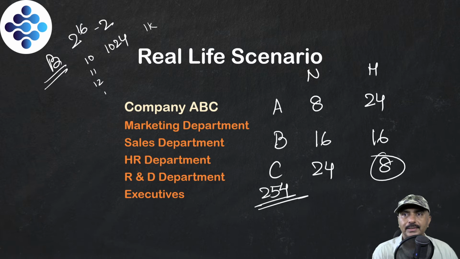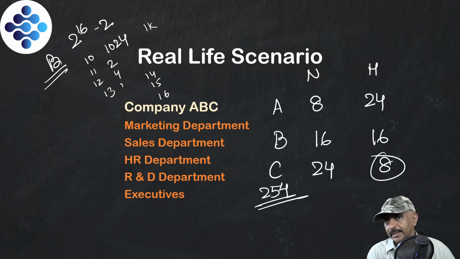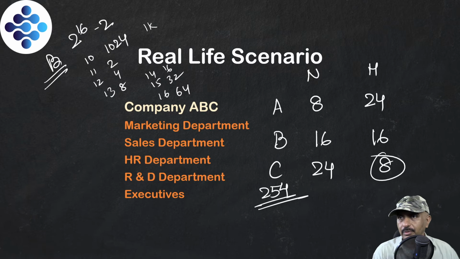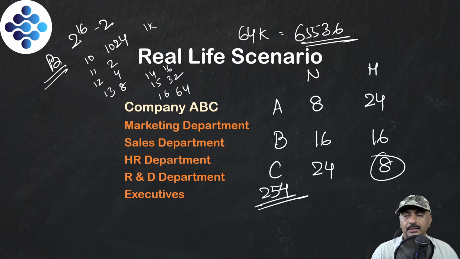Then 11, 12, 13, 14, 15, 16: this is 1k, 2k, 4k, 8k, 16k, 32k and 64k. That comes to 65536. This is a huge number, so many hosts in one network. In case of class A, that will go into millions. That would be too big.